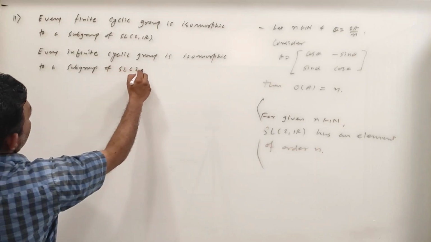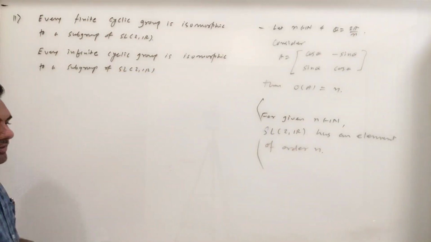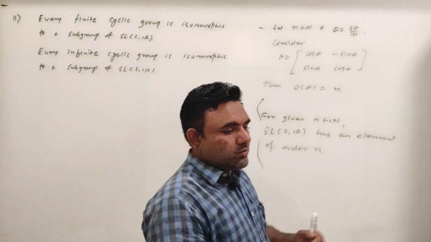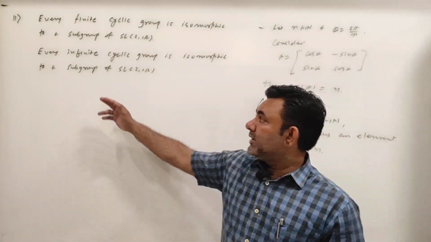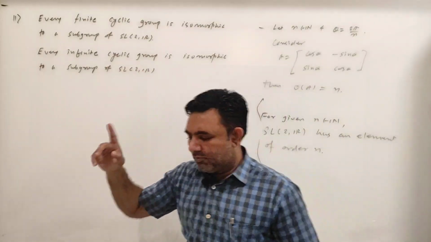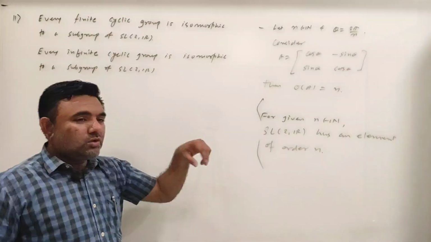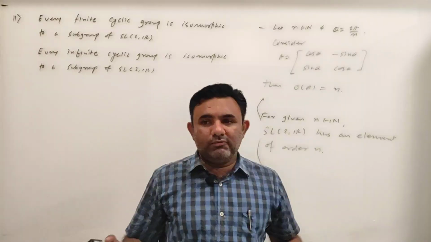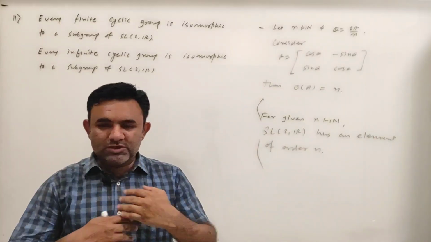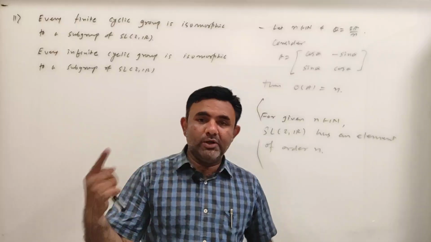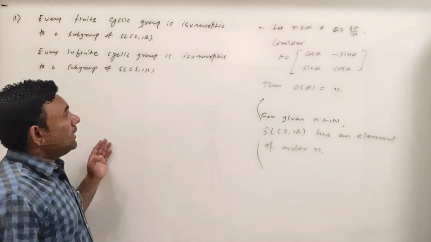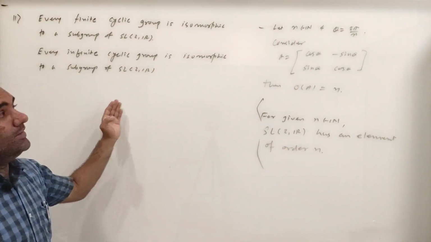See, for an infinite cyclic group to be isomorphic to a subgroup of SL2R, it means we need at least one element in SL2R whose order is infinite, then we are done. Why? Because with the help of that element you just generate the subgroup of SL2R and it will be an infinite cyclic group, and we know how to find an infinite order element in SL2R.